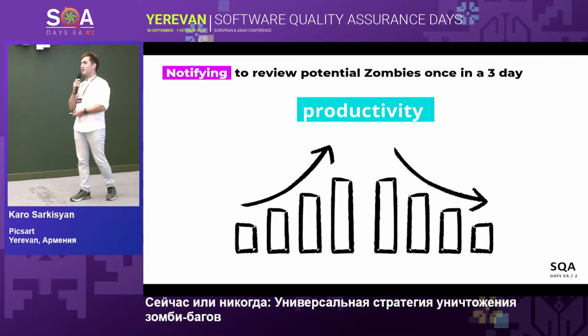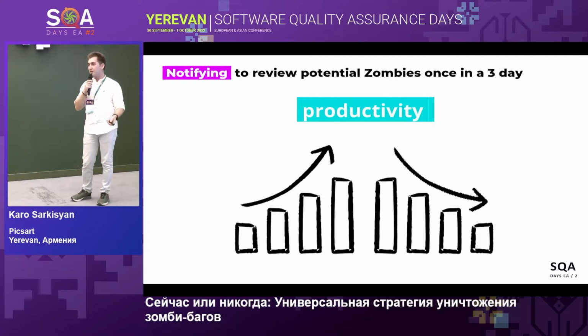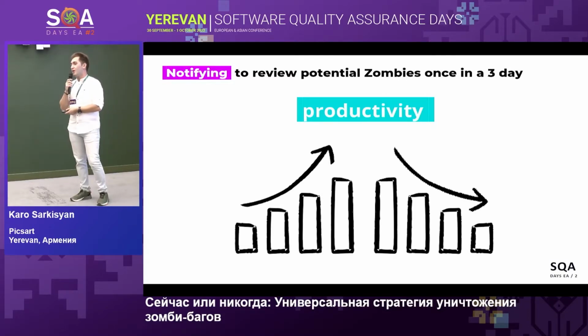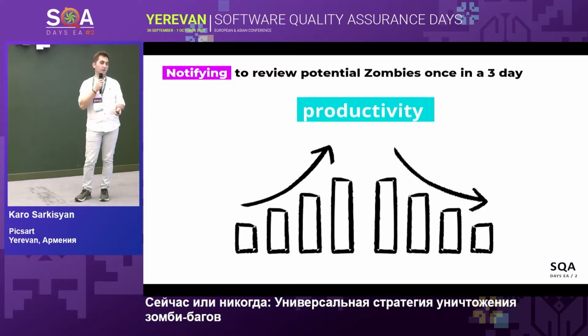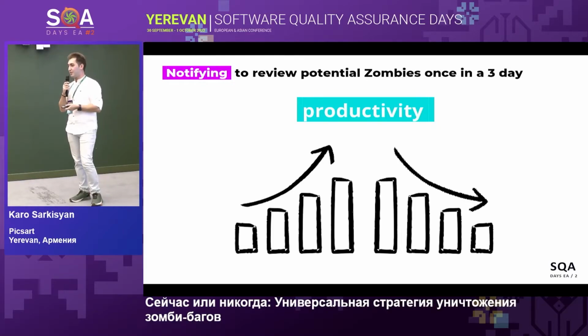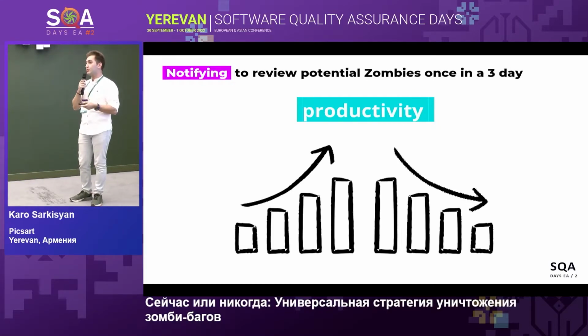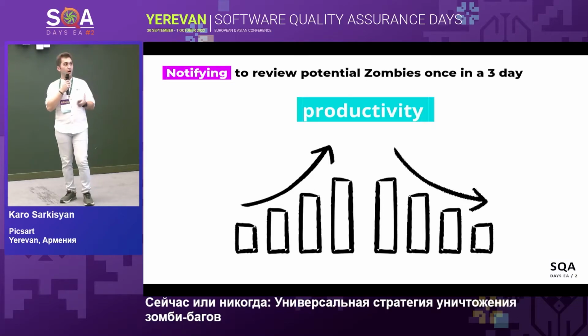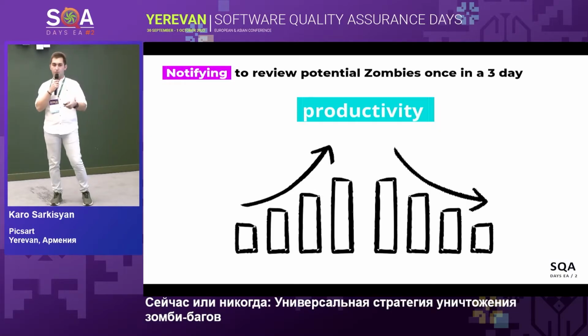We only like notifications from our family members, from our friends, or from, I don't know, the bank regarding a salary transfer. So when the team gets a lot of notifications that they need to review a lot of bugs, they start ignoring them. So after some time of doing notifications, the productivity went slow.